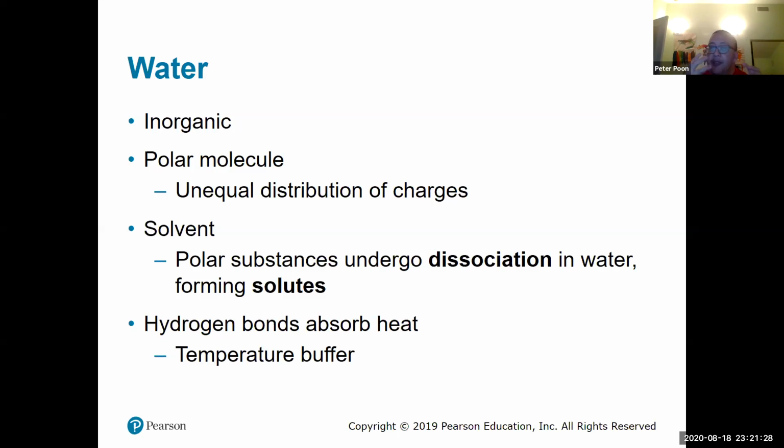Salt dissolves in water very easily because it is polar, it's charged. Anything that is charged, salt is charged, sugar is charged, and therefore they undergo dissociation in water and they form solutes, and it dissolves a lot of things.